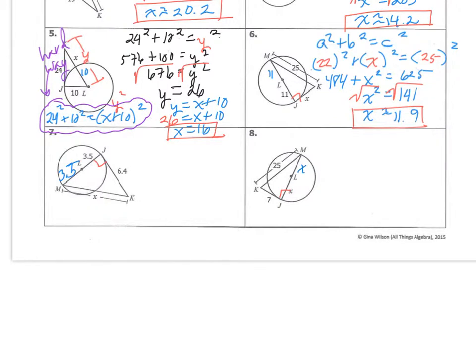And then we're going to do a squared plus b squared equals c squared. What's my hypotenuse? 25. So 25 goes in here by itself. This leg is 7, right? So 7 goes in here.